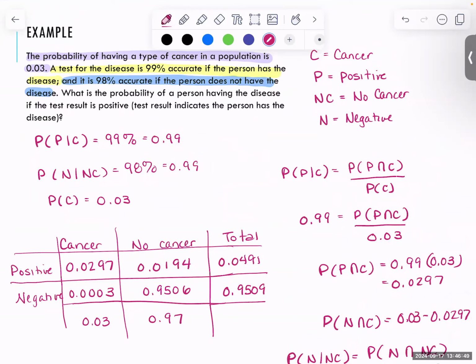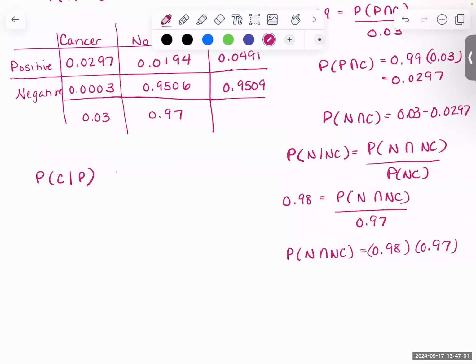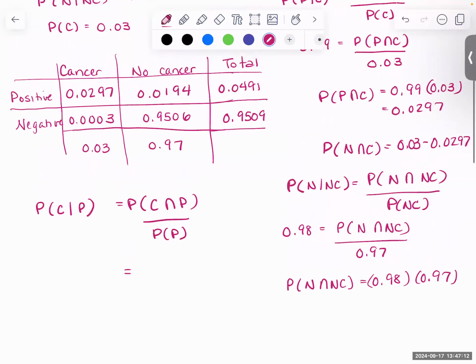So what I'm looking for is the probability that I have cancer given that the test is positive. All right, so from Bayes' theorem, this would be the probability that I have cancer and I test positive divided by the probability that I test positive. And I have that information now that I have the contingency table completed.